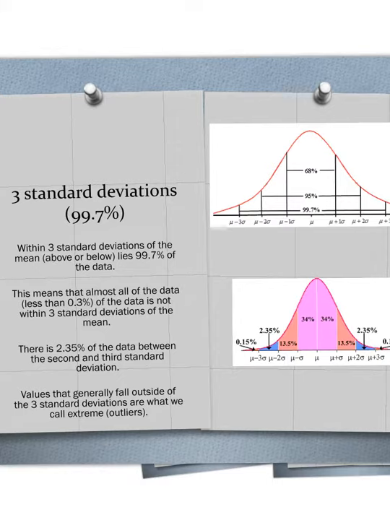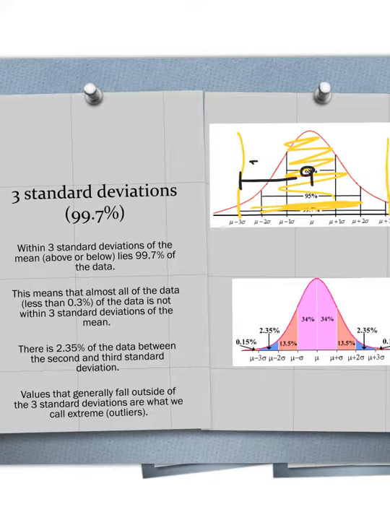Within 3 standard deviations of the mean lies 99.7% of the data. So you think about that, that's pretty much all of the data sitting within 3 standard deviations, sitting inside of here. So from here to here, from there to there is 99.7% of the data.